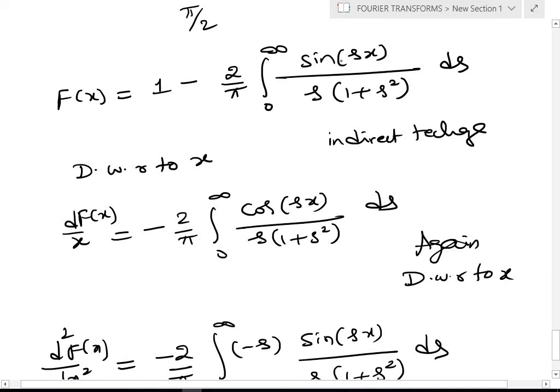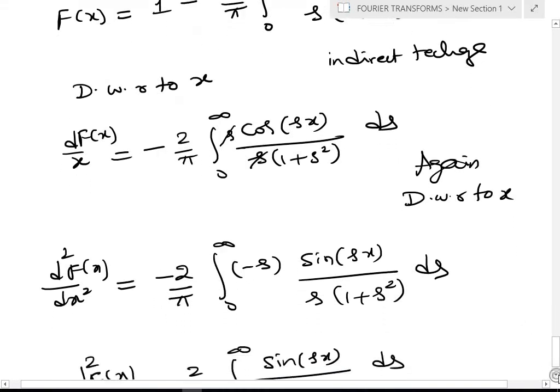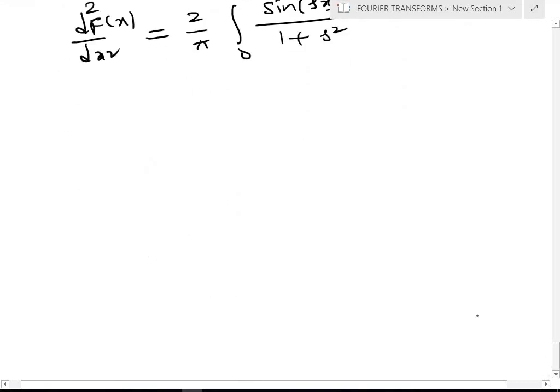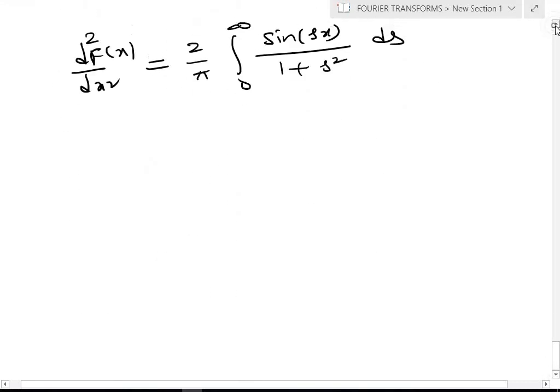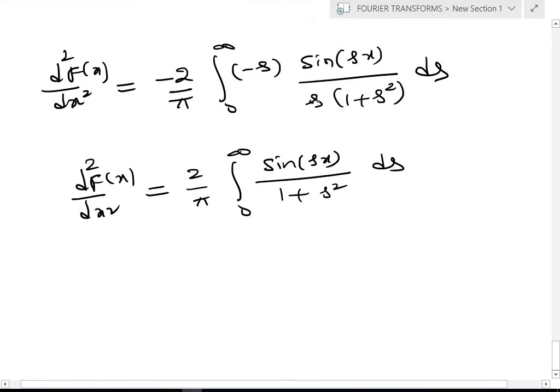Sin differentiation will come as cos of sx into s. That time itself s will come here. This s and this s will be cancelled. So this s will be no more. Now I have one s extra in the numerator. This is the s. s into sin of sx by 1 plus s square.